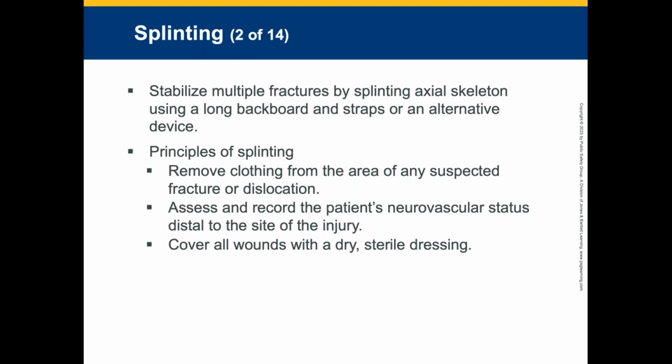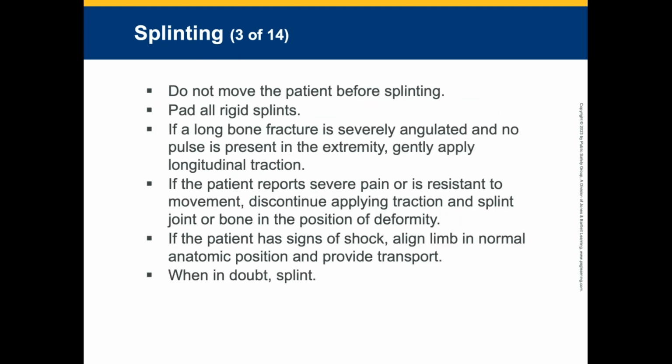Cover all wounds with a dry sterile dressing before splinting, and assess and record the patient's neurovascular status distal to any injury site. Do not move the patient before splinting an extremity unless there's immediate hazard to the patient or yourself. For fractures, the splint should immobilize the bone ends and the 2 adjacent joints.